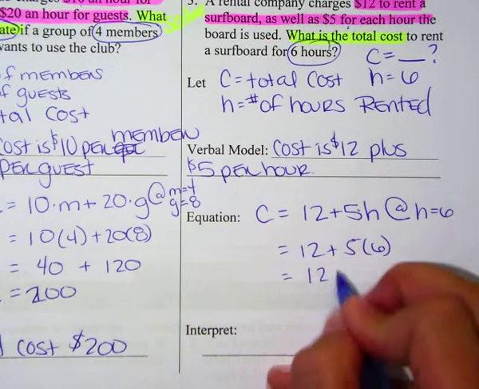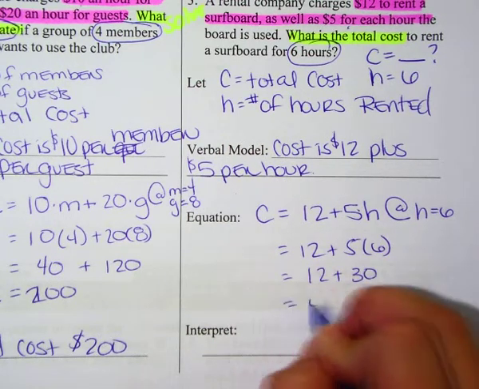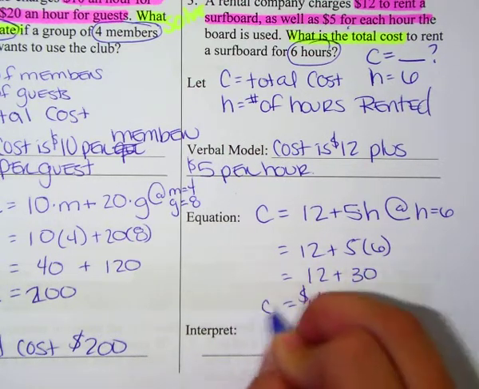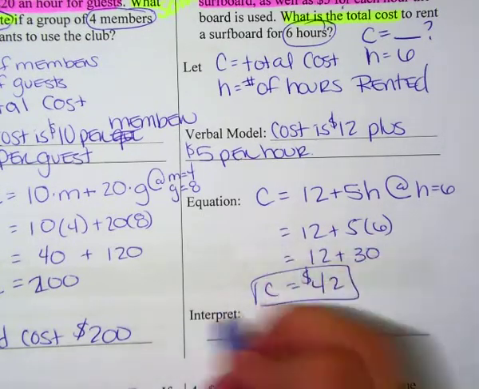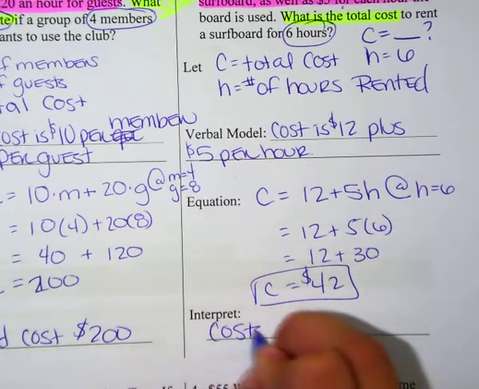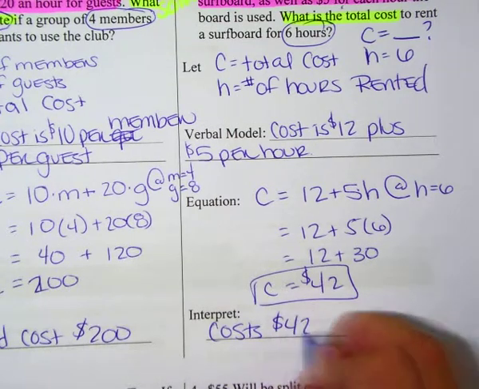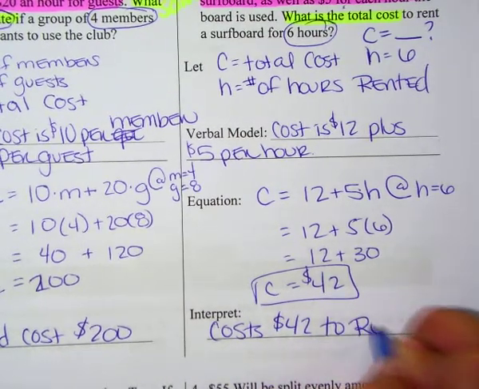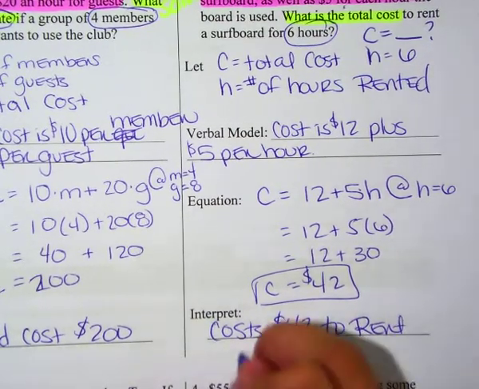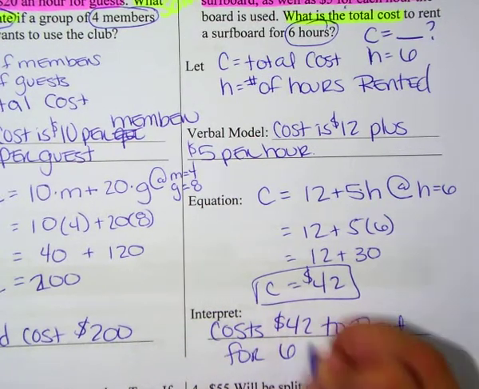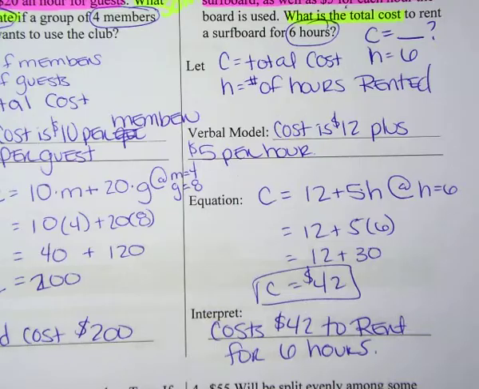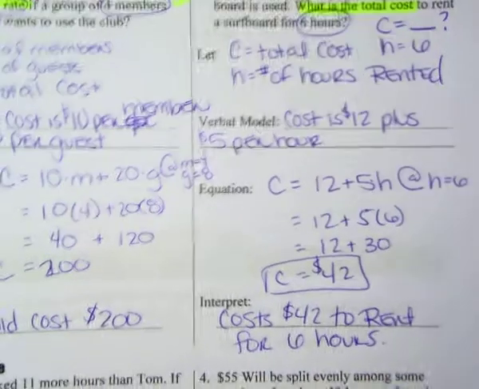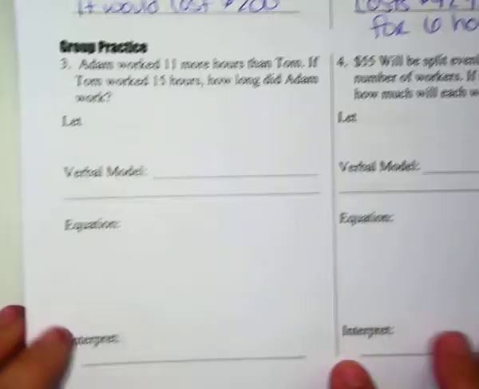Simplify. So it costs $42 to rent for 6 hours. Awesome. I'm going to quickly work the next two because I feel it's necessary.